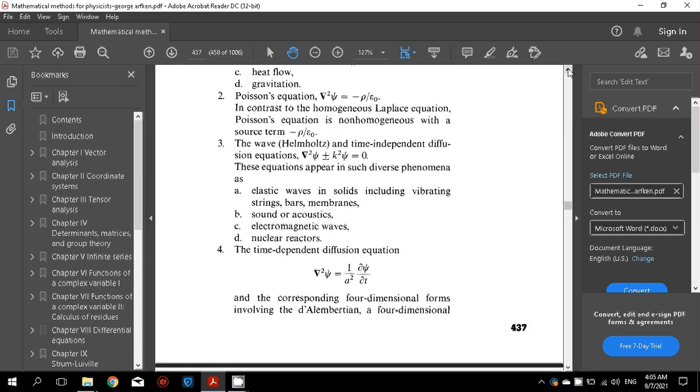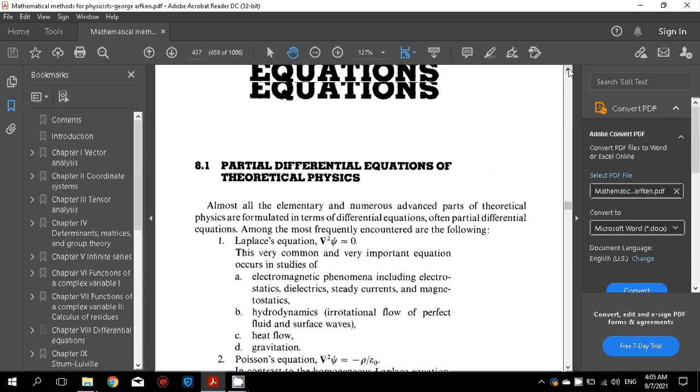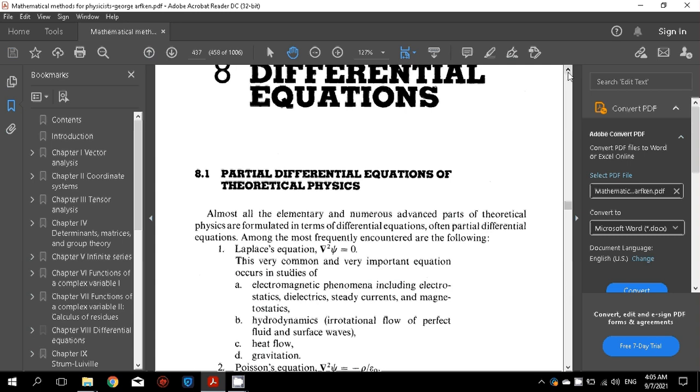Okay, this is the start of this chapter, differential equations. Now here in article 8.1 you will see the importance of differential equations in the physical problems, and in fact the differential equations which we encounter whenever we study any topic of physics, we end up with a partial differential equation.